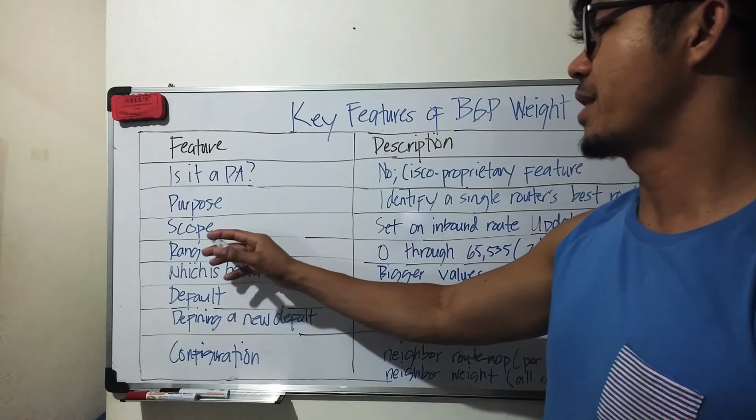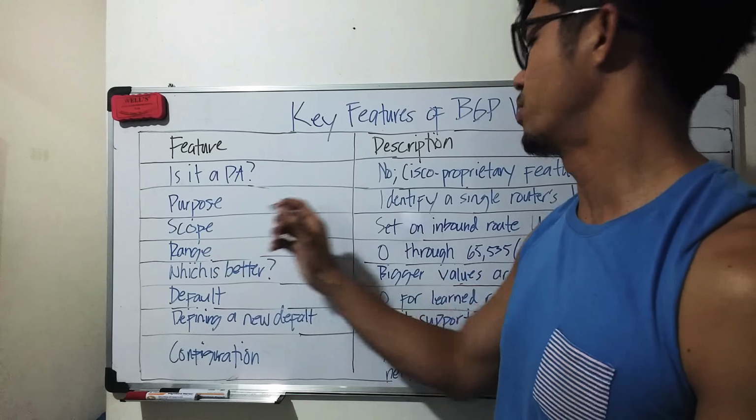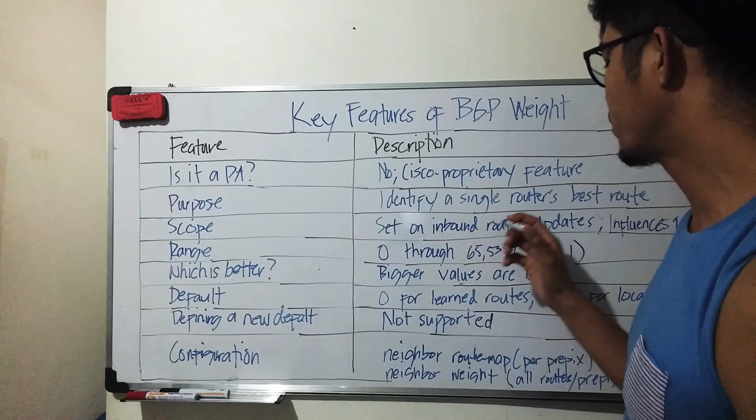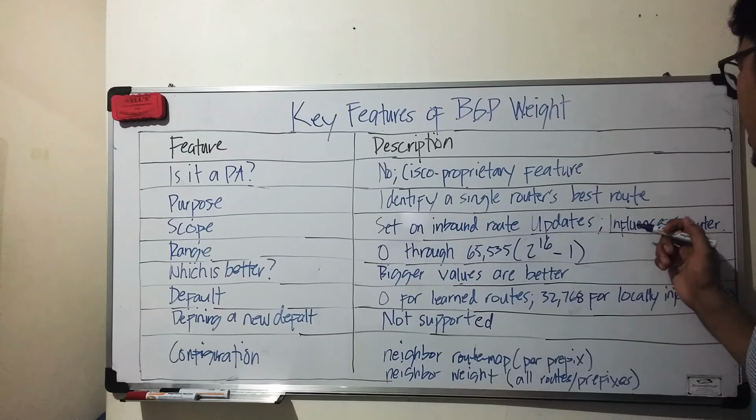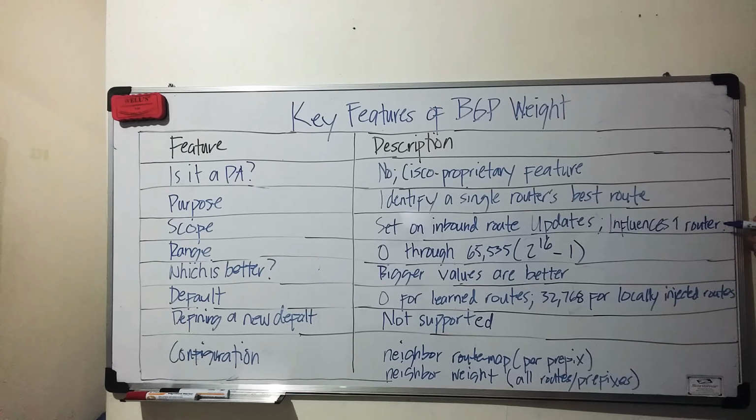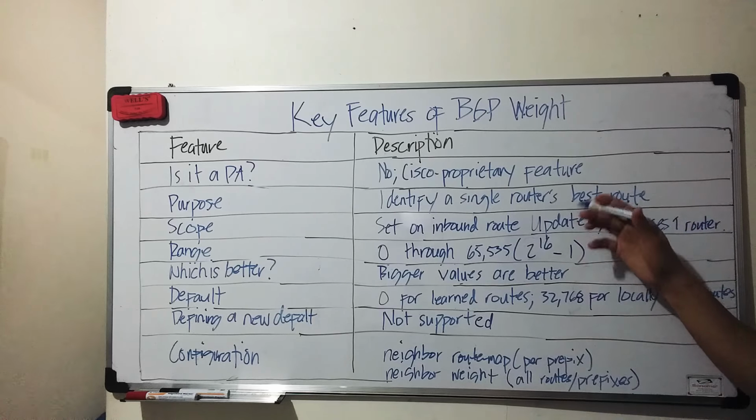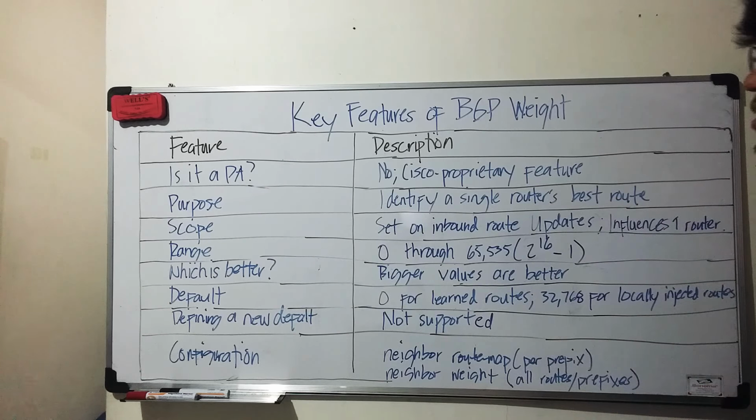So that is scope: set on inbound route updates. It influences only one router, just a single router.